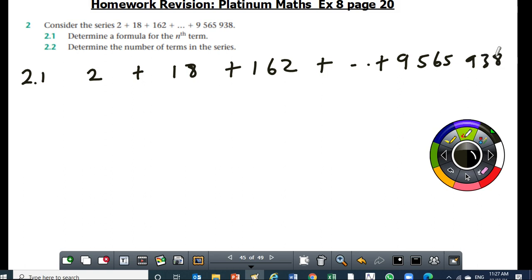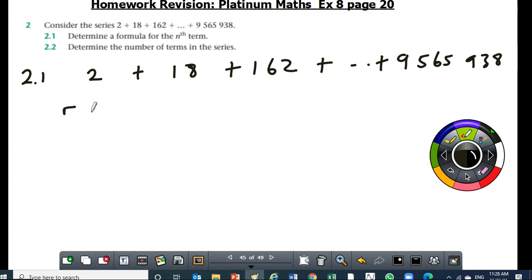Let me try to determine if it's arithmetic. 18 minus 2, that's 16. 162 minus 18 gives you 144, which means it's not arithmetic. If it's not arithmetic, therefore it means it's geometric. If it's not geometric, it means it's arithmetic. So you don't have to get confused, because you only did 2 types of series, arithmetic and geometric.